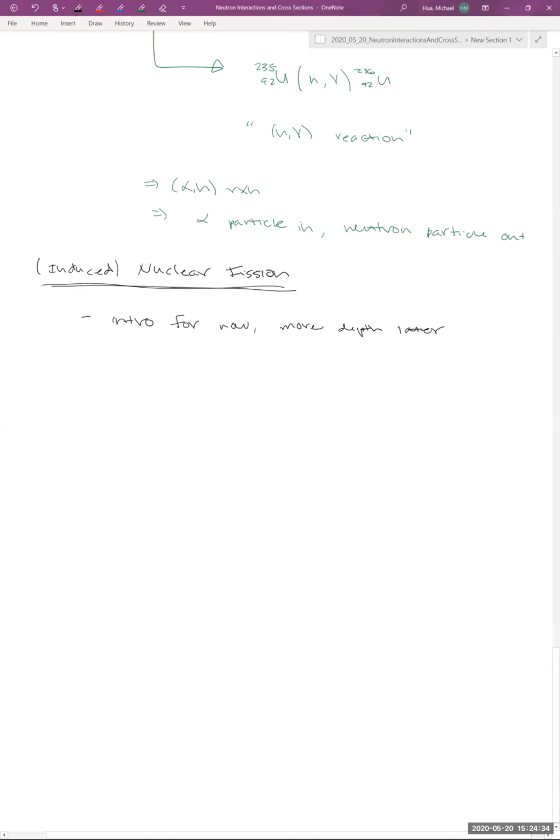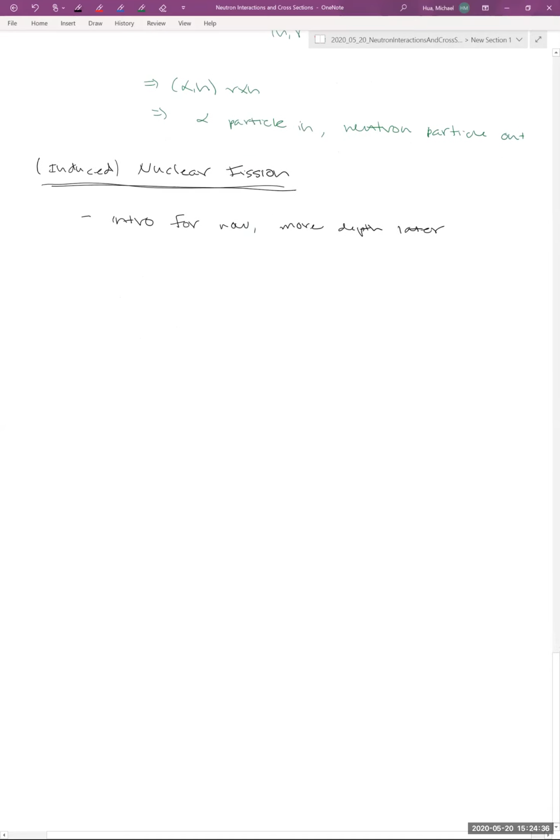Fission is kind of that unique interaction behind special nuclear material that makes it good for self-sustaining fission chains, which are good for both weapons and energy production. So definitely one that we'll give special attention to later. We're also going to give the other interactions special attention later, but in the context of using those interactions to detect neutrons.